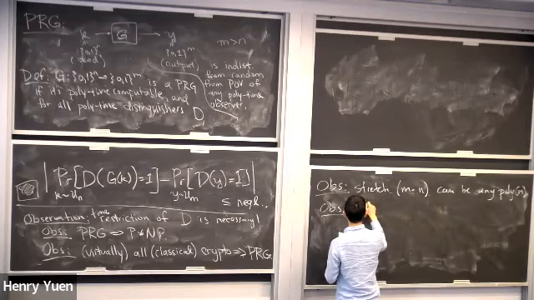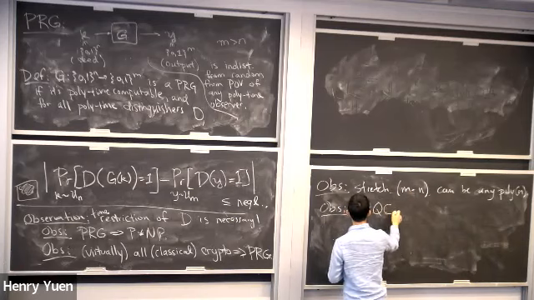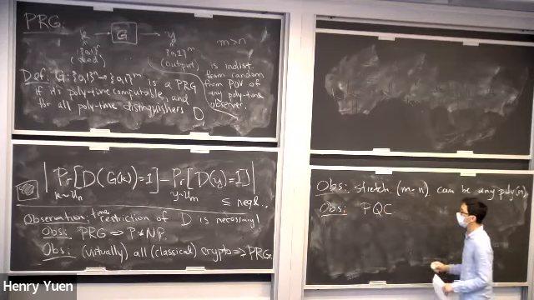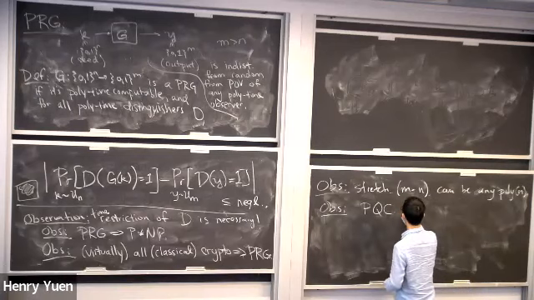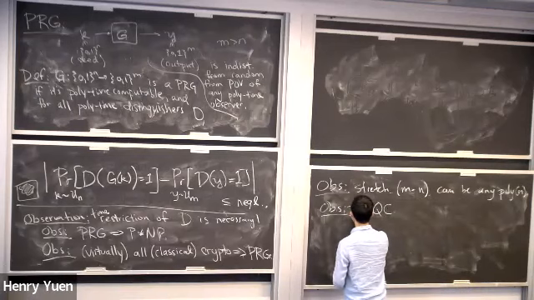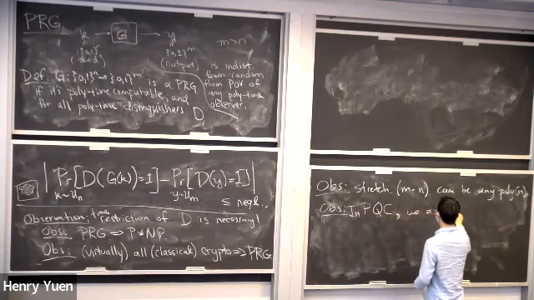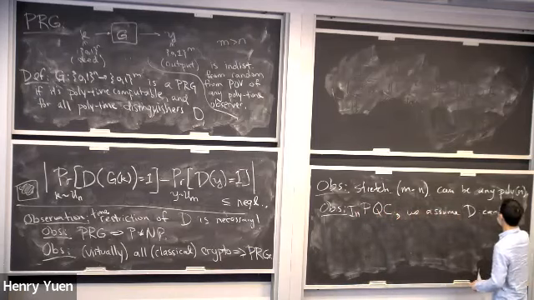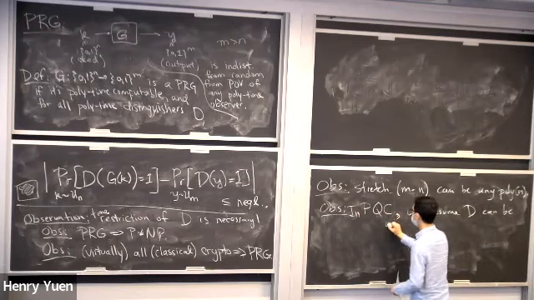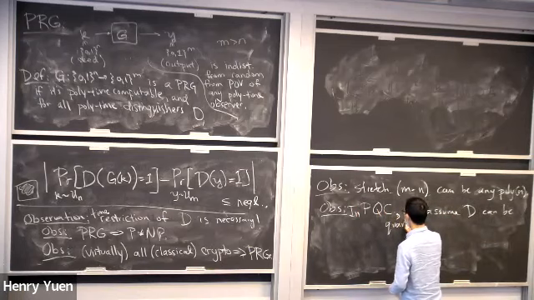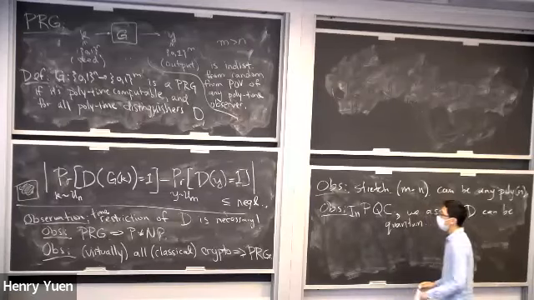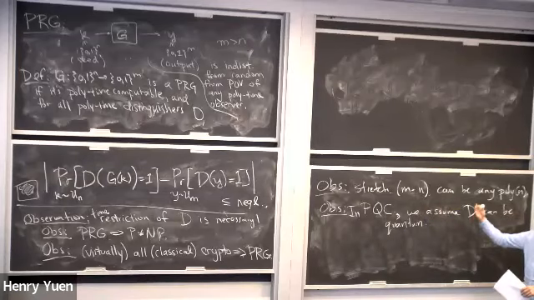So in this context of post-quantum cryptography, which we talked about last time, in PQC, we assume D can be quantum. And this only makes your definition stronger.